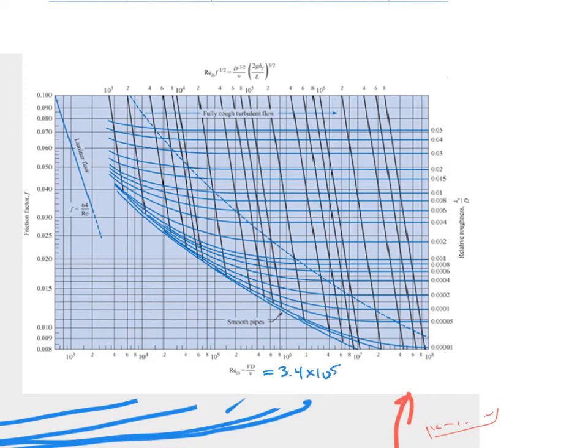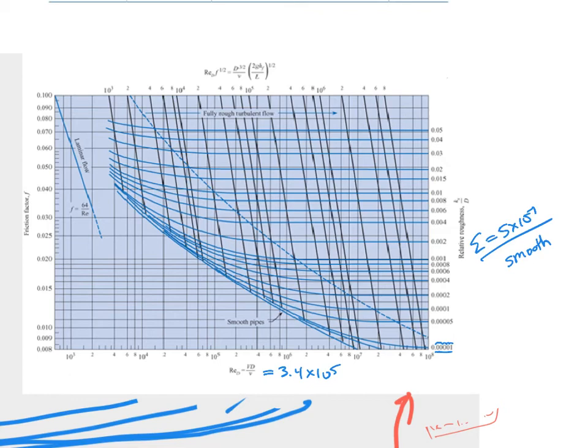And then over here, we've got a relative roughness of, I believe, 5 times 10 to the minus 7th. Now 5 times 10 to the minus 7th, this is 1 times 10 to the minus, well, let's see, 1, 2, 3, 4, 5. Basically this is so small as to be smooth, because we're not going to really be able to find a line below that.